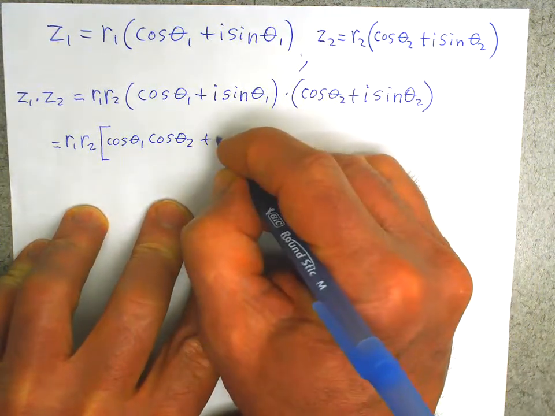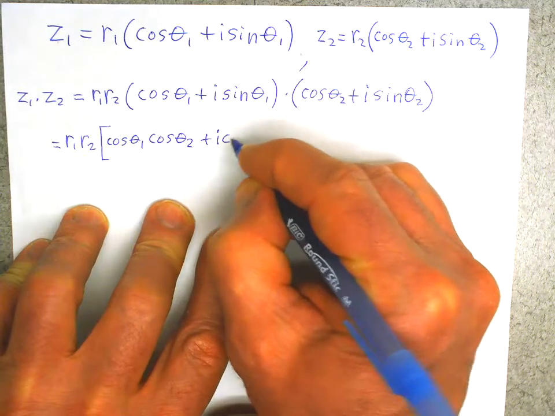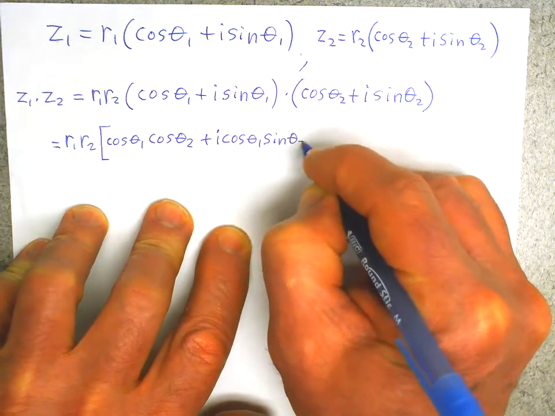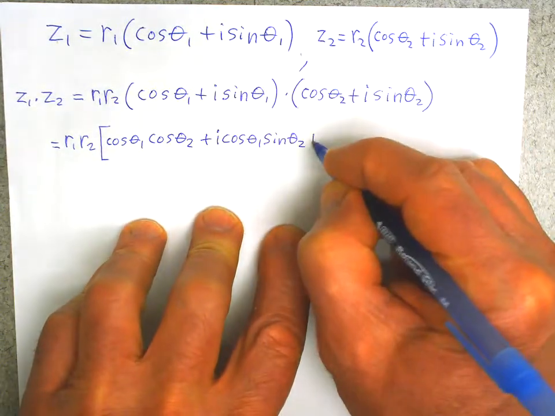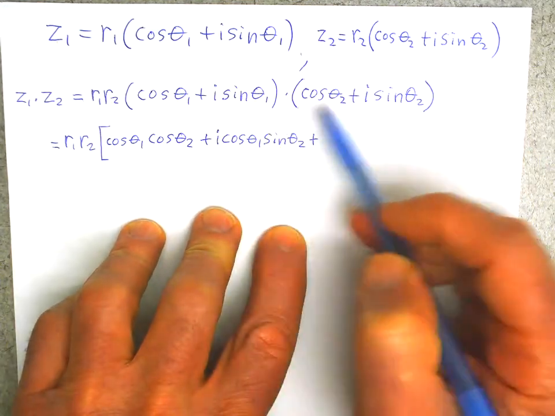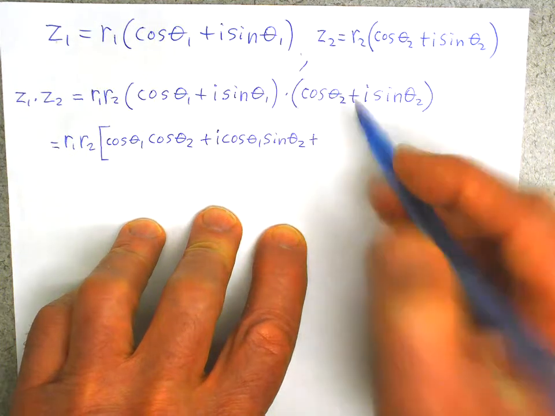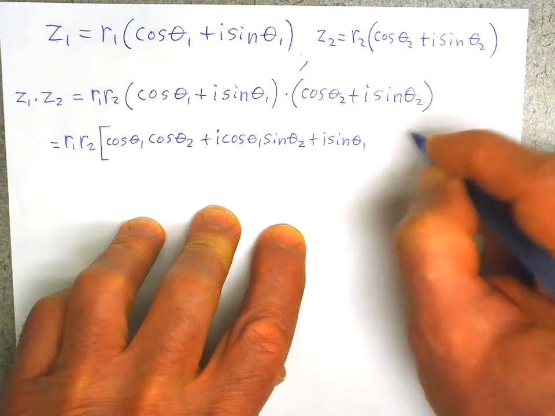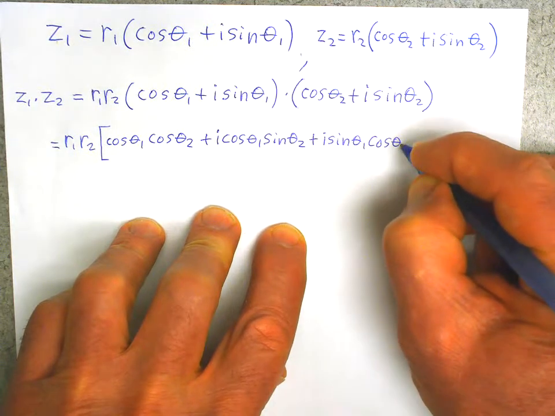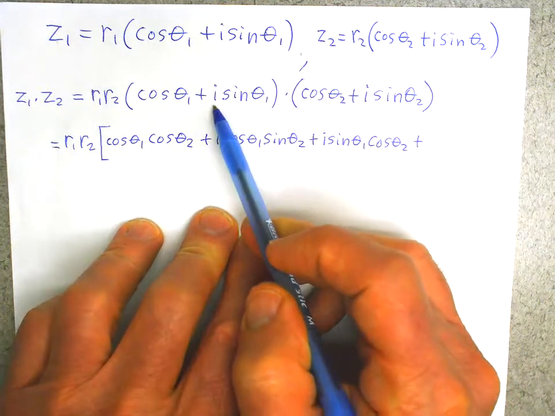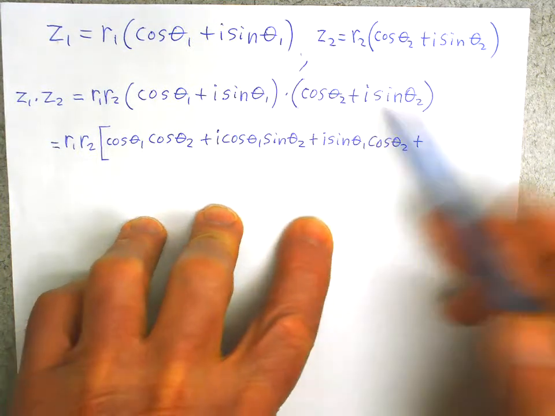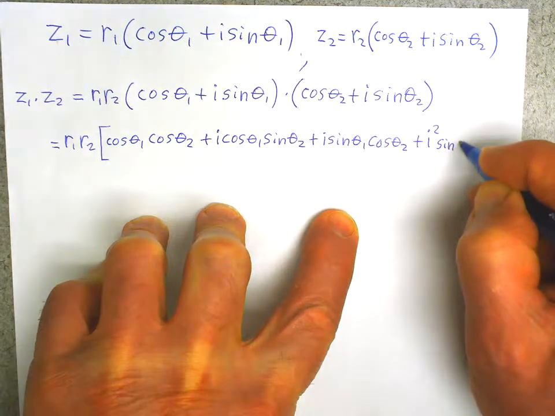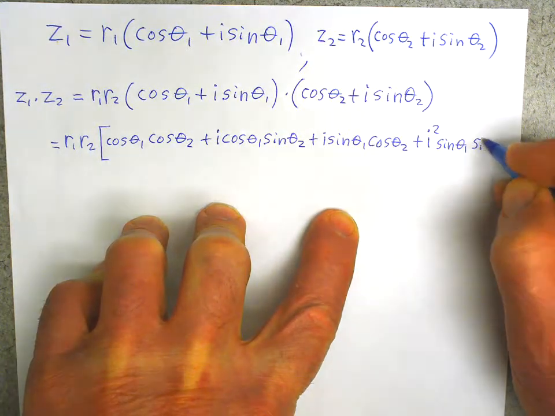So I'll write that as plus i times cosine theta 1 times sine theta 2. And then plus i times sine of theta 1 times cosine of theta 2. And then we have plus i times i, which is i squared, times sine of theta 1 times sine of theta 2.